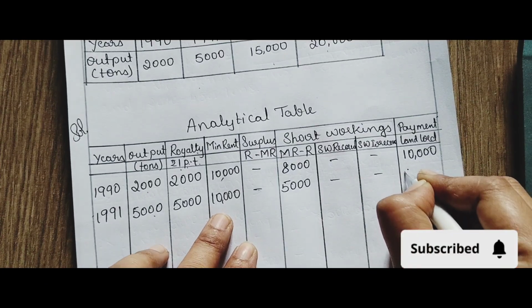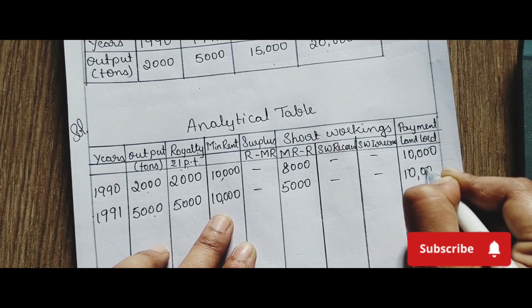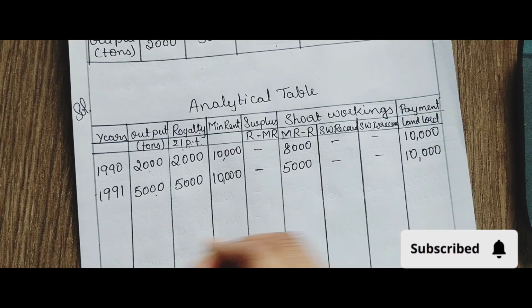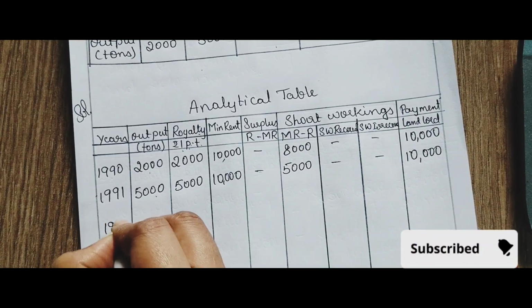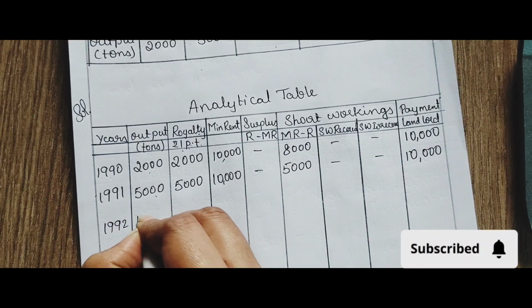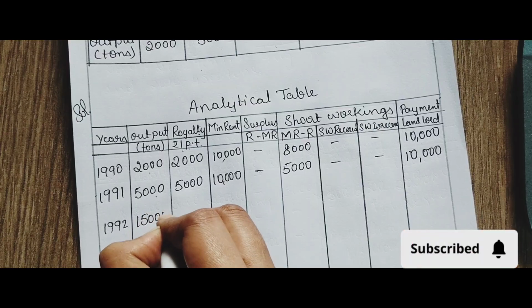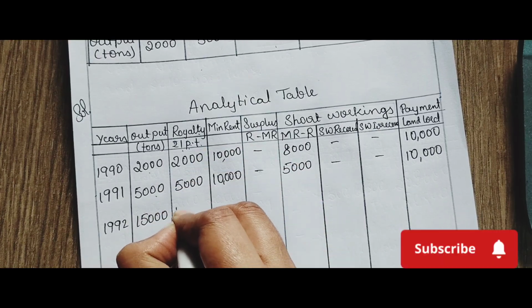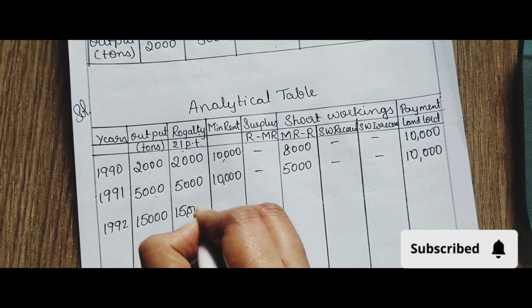To the landlord you are paying 10,000. For the year 1992, 15,000. 15,000 into 1 is 15,000.